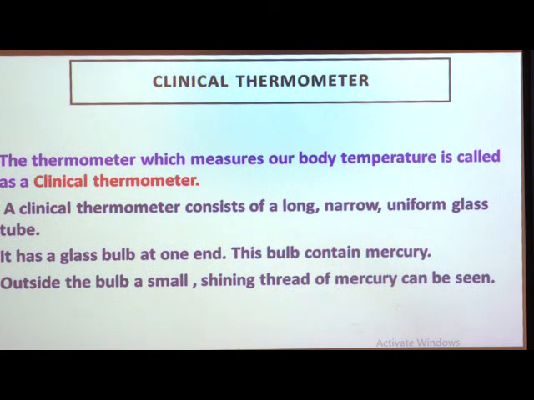Outside the bulb, a small shining thread of mercury can be seen.